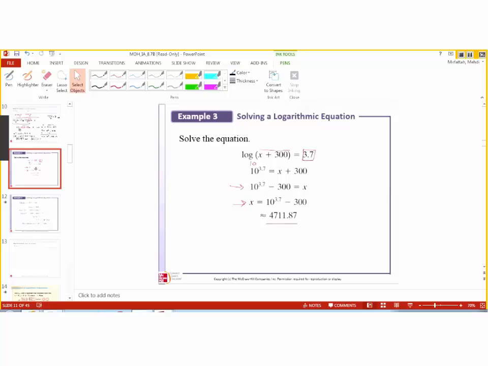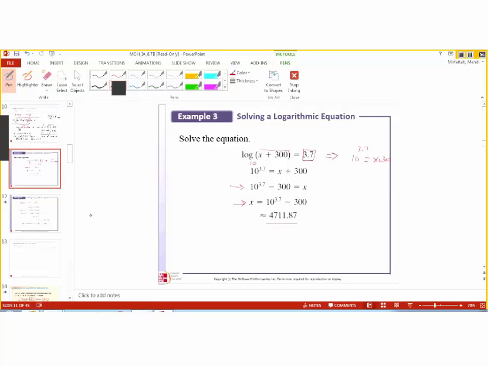So here we have log of x plus 300 with the base 10. If you're converting this into exponential, we get 10 to the power of 3.7 must equal the argument. And then we are solving for x.